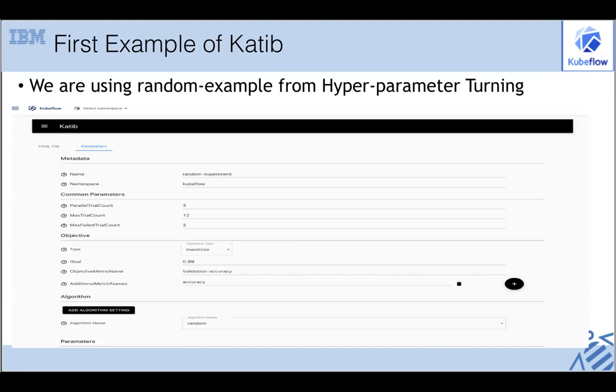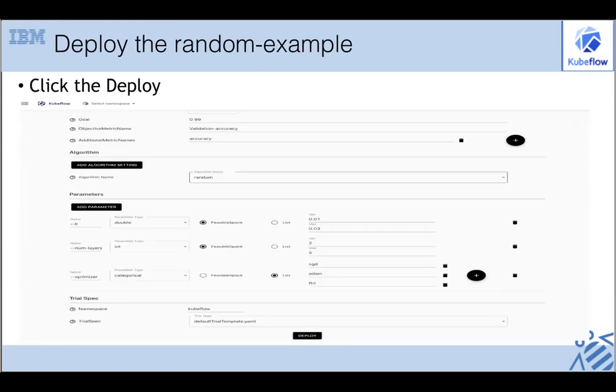Here you specify some metadata, the name and the namespace where you want it, and the parallel trial count, how many you want. It's similar to what Andrew just showed in his operator's YAML file. Once you specify those specifications, you do the deploy.